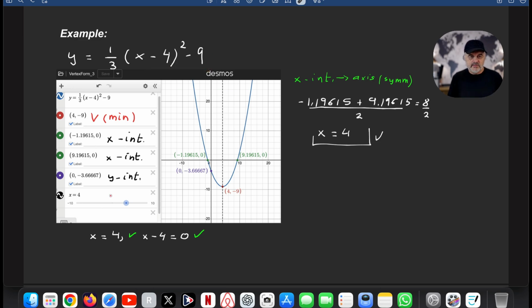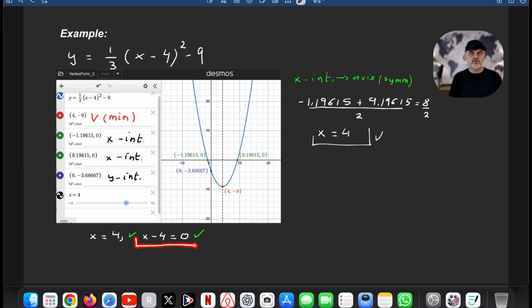And the y-intercept is always calculated by putting 0 for x into the equation. That's always the method, regardless of the form of the equation. The axis of symmetry is either given by this equation, x is equal to a constant value, or x minus the number equal to 0 if you choose to show it using the standard form of the equation of a line.